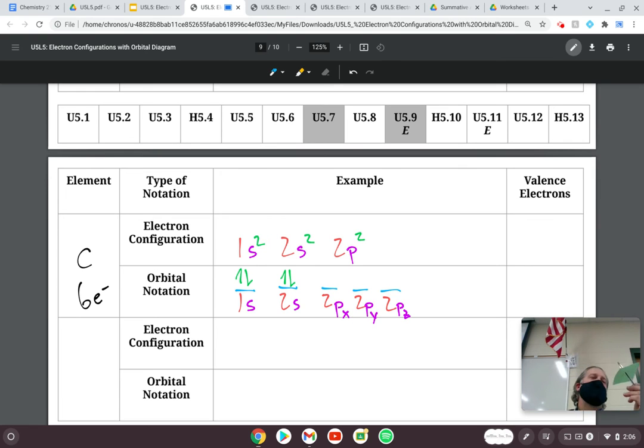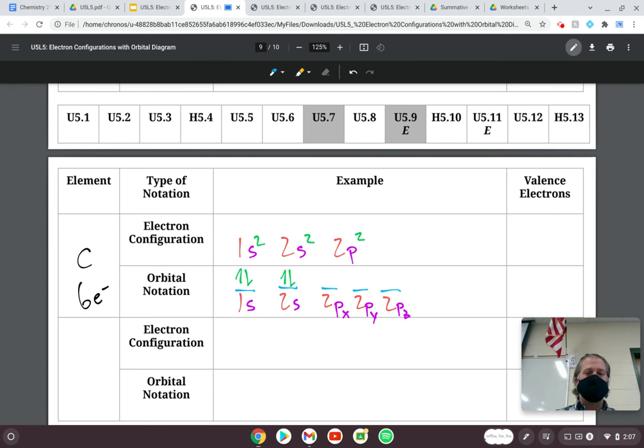Okay. Now, the p orbital or the p shape has 3 different orientations, the x, the y, and the z orientation, which is why I wrote 2p, 2p, 2p. Now, each orientation can hold 2 total electrons, but one of the rules, the Pauli exclusion principle, says that if 2 electrons are in the same orbital, they have to have opposite spins.